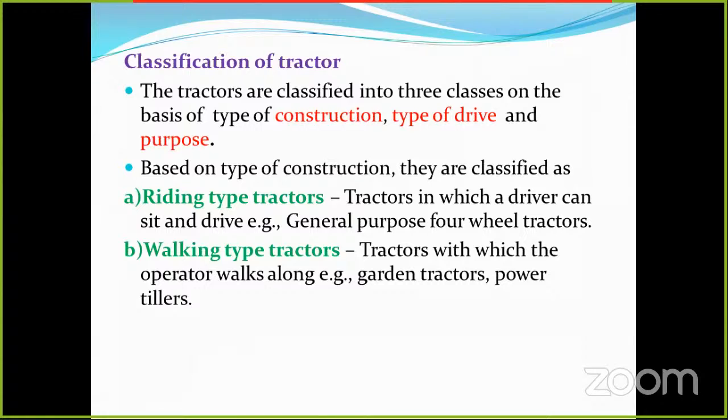Riding type means the driver will be placed on the engine, it means it will have a seat to operate the tractor, whereas walking type, we just walk with the tractor. Riding type is the general purpose tractor, what we are seeing now. Walking type tractors are power tillers.